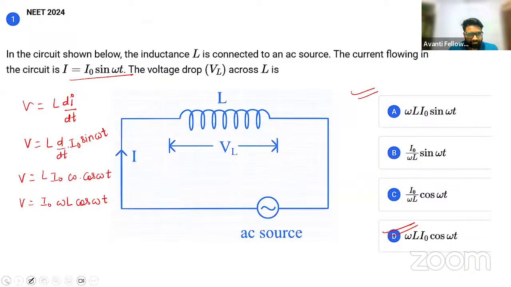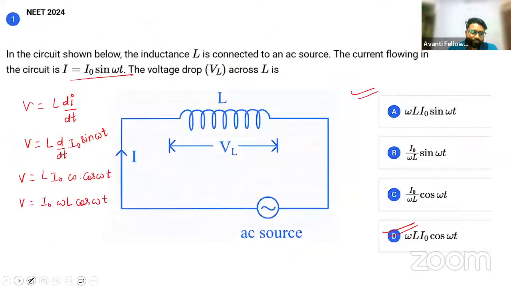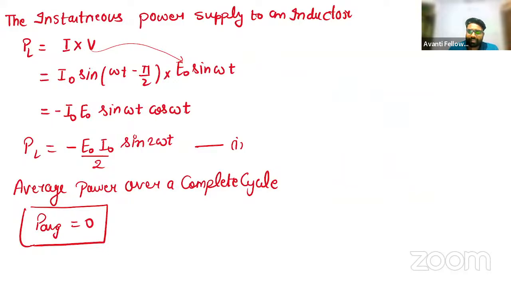We know that sin omega t minus pi by 2 is nothing but minus cos omega t. So it is coming out like this. But this is a fluctuating power. We want to know the value of average power over a complete cycle. The average power over a complete cycle would be zero, because I have told you in the previous sessions that the average value of sine theta should be zero over a complete cycle.